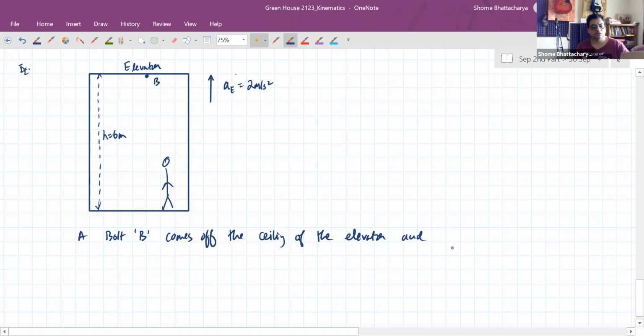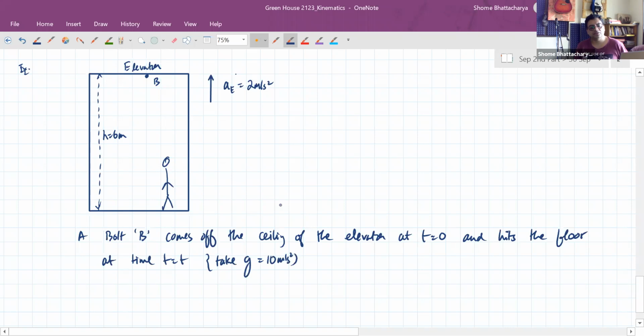Let's say it comes off the ceiling of the elevator at t equal to 0 and hits the floor at time t equal to t. Take acceleration due to gravity as 10 meters per second square.